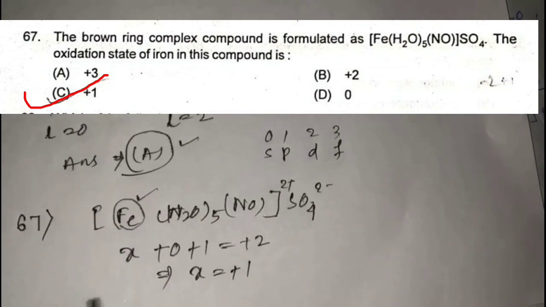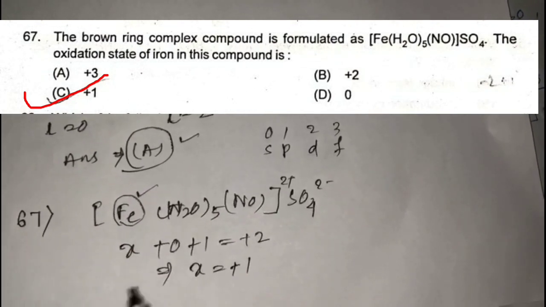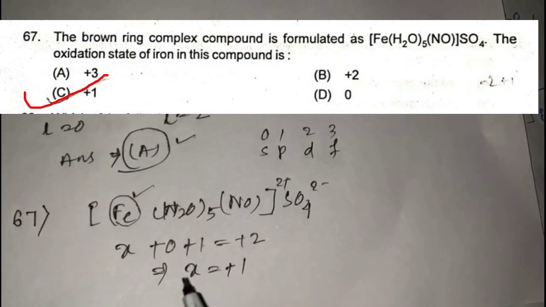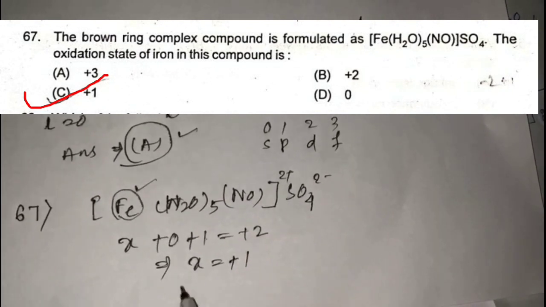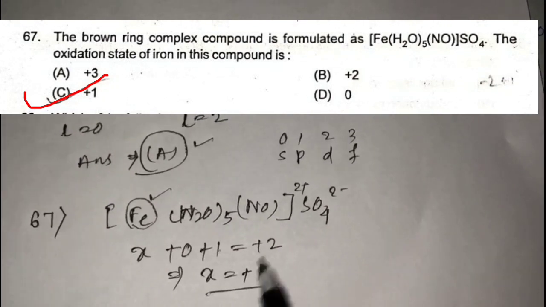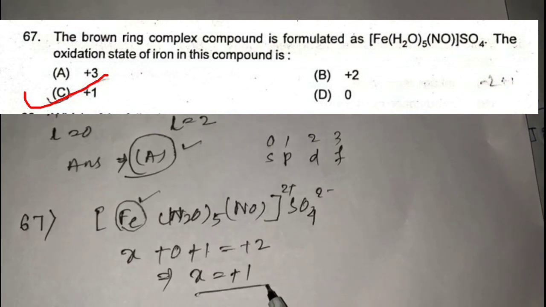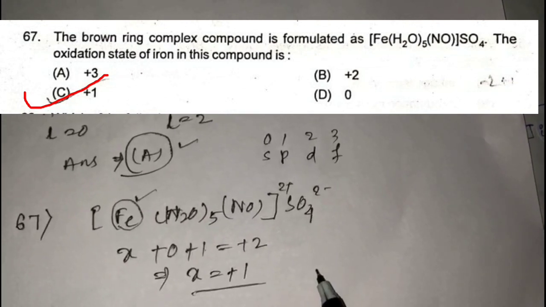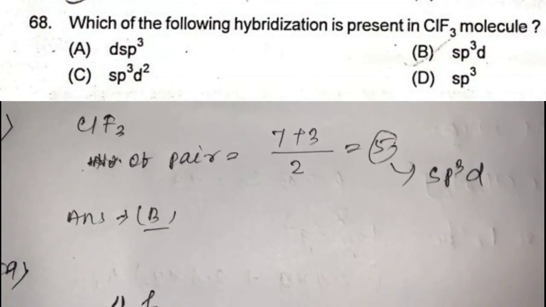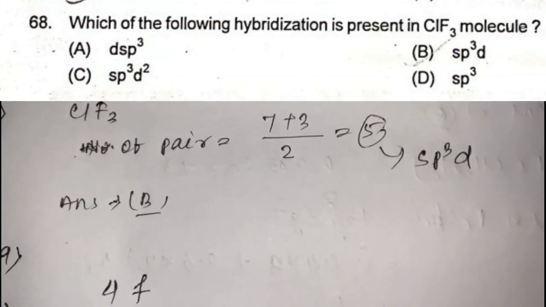So here you will put X, and for water this is 0, and for NO this will be plus 1, will be equal to plus 2. So your oxidation state of iron will come out to be plus 1. That is the correct answer for this question is C, 67C.